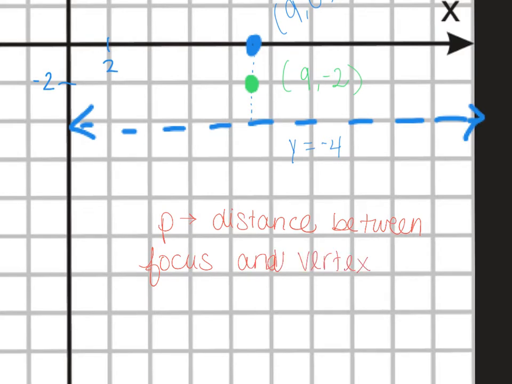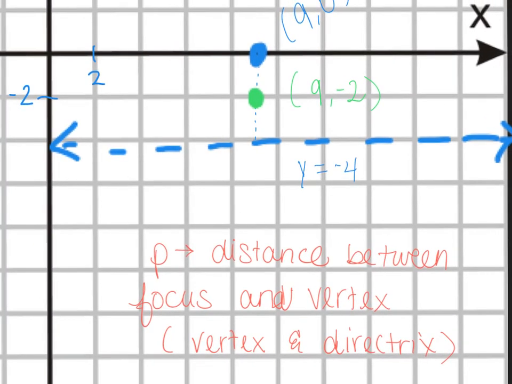Or another way to think of it, it's also the distance between the vertex and directrix. It's all symmetric here. So however far apart your vertex to your focus or your vertex to your directrix, that's what your p is going to be. So if I could take a ruler and measure, I can see that it's just one block. So one block down on my graph is 2. So that means that my p is -2 because I went down 2.